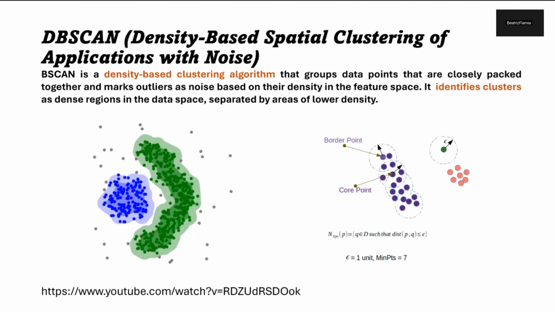DBSCAN starts with a random point, like here. If epsilon is equal to 1, we establish a radius of 1, and we try to group this as one cluster. But the min points in this case is 3, and here it won't have 3. So this solution is not feasible.